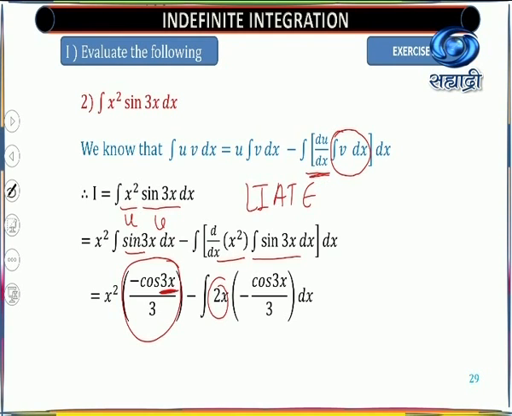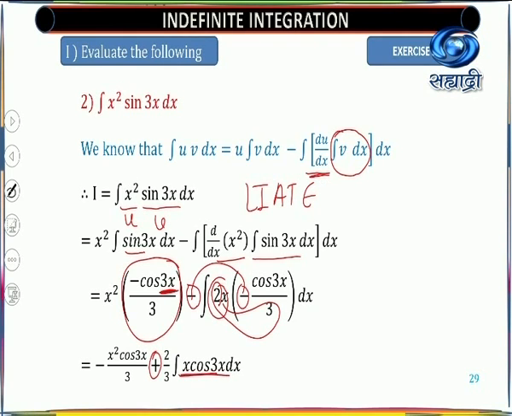Okay, we need to simplify now. This is nothing but minus x square cos 3x upon 3. Now this minus is plus, so you are having a plus sign here. 2 upon 3 is a constant, so that is constant, x cos 3x dx.